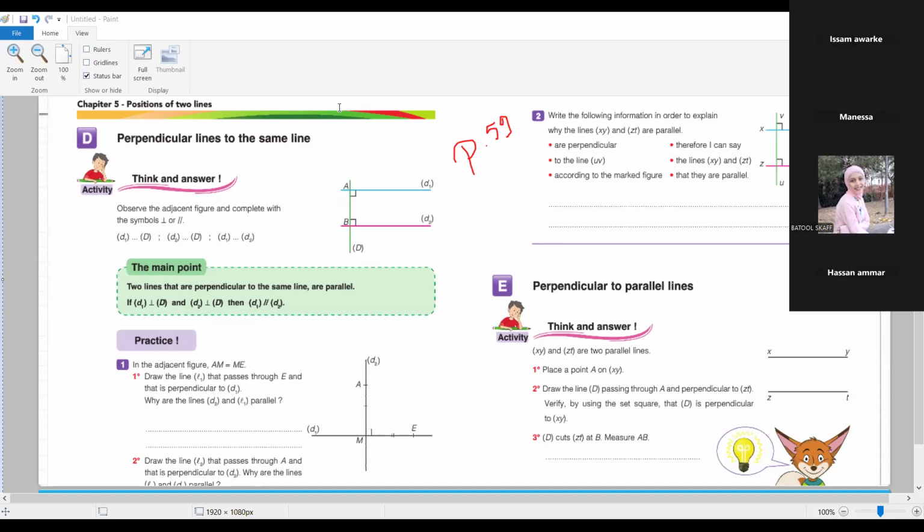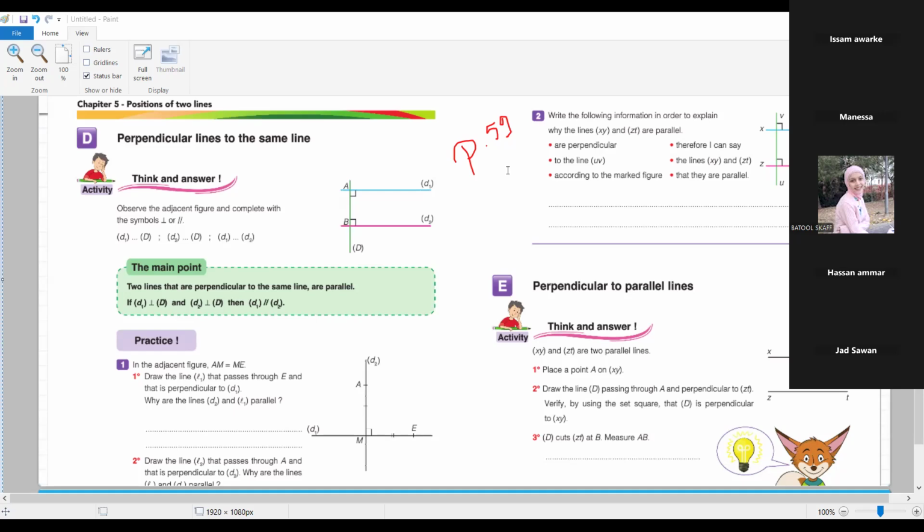That means that they are both perpendicular to the same line VU, right? If they are perpendicular to the same line VU, then they are parallel. We said already that each two lines that are perpendicular to the same third line, we can consider them parallel.